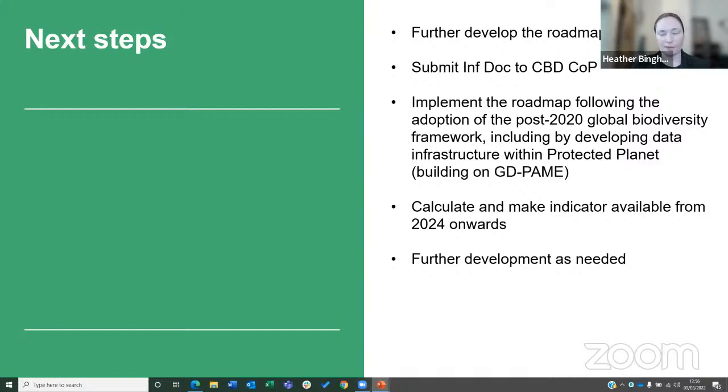But in terms of next steps, there will be further development of this roadmap towards feasible ways of monitoring this part of the indicator.